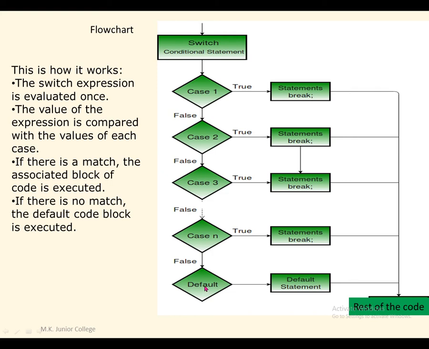So this is very clear. When you are writing a switch case statement, suppose you are giving 4 cases, then the 5th case must be your default case. Okay, if the match is not found, then your program flow will directly go to the default case and it performs the statement and comes out for the rest of the code.